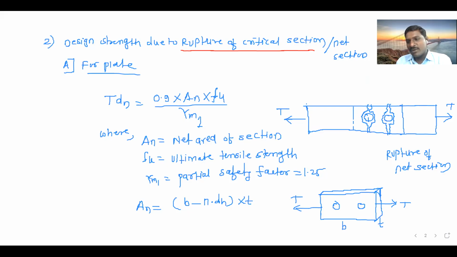See, we have to take the area of B into T, not B into D. So this dimension is B into D, correct? Are you getting it? We do not take this dimension B into D, we take the area B into T. Here I have written small b. See how we can calculate the AN for plate: B minus N into DH into T.